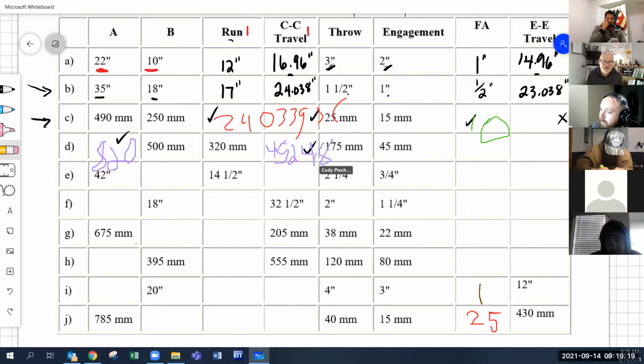So for E, I'm just gonna divide 14.5 by 1.414, correct? No, 42 is already there. We times it. Right. This is the run. Remember, this is the run. This is the travel. Thank you.